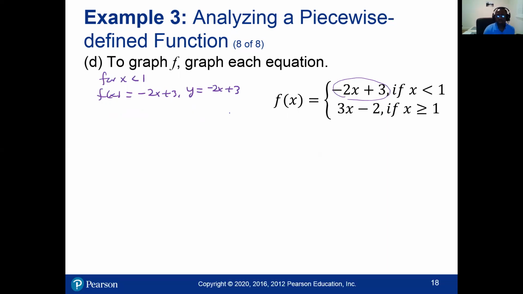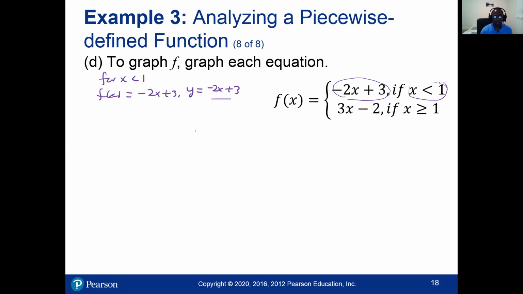We just need 2 points. Even though it says that 1 isn't included, I'm going to use x equal to 1 and see what happens, knowing that for this part of the function, x equal to 1 is not part of the domain. So when I draw the graph, there will be a hole in that place.